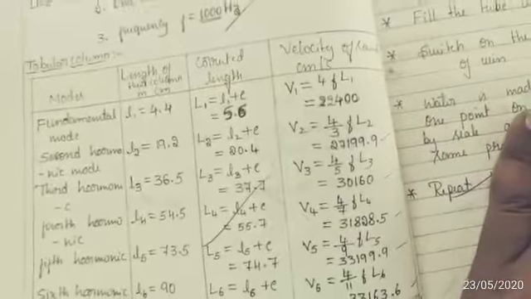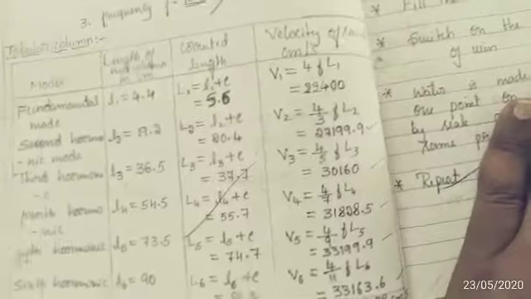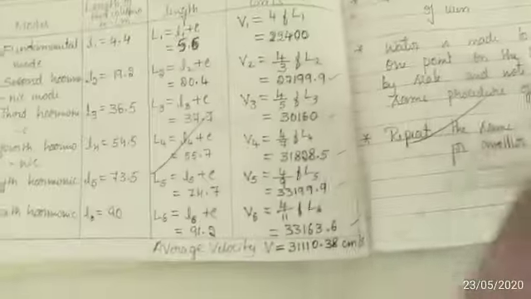I have taken the mean of these values and I got 31,110.38 centimeter per second, or it is 311.1 meter per second.